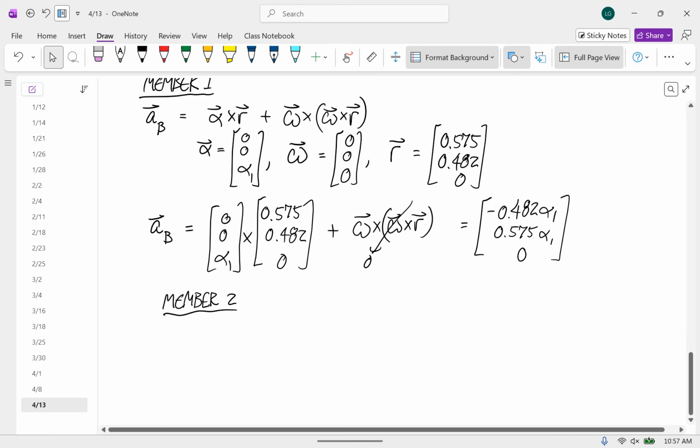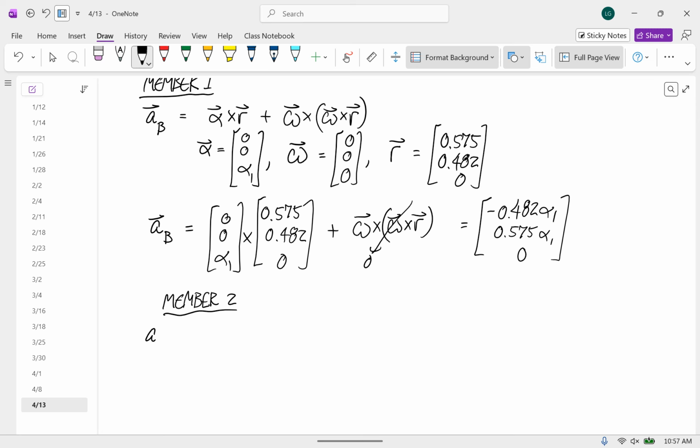This one doesn't have a fixed point, so we have to use relative motion equations. So the acceleration of B relative to the ground is equal to the acceleration of B relative to the center of mass of body 2 plus the acceleration of the center of mass of body 2 relative to the ground.